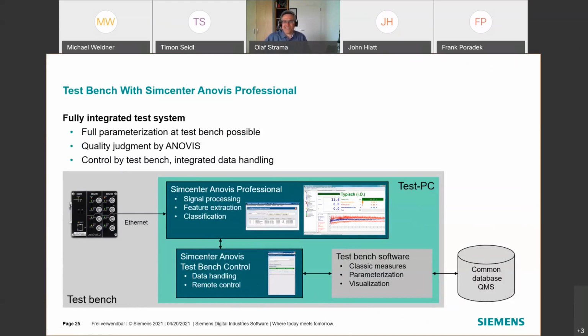Therefore, a master database that has all the information is necessary. And then this metadata is handled by Novus, and we get this information from the database.